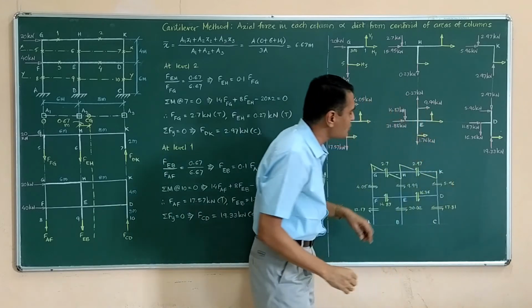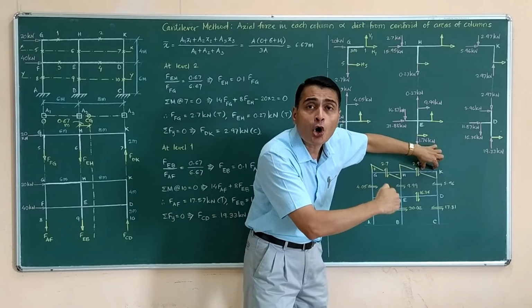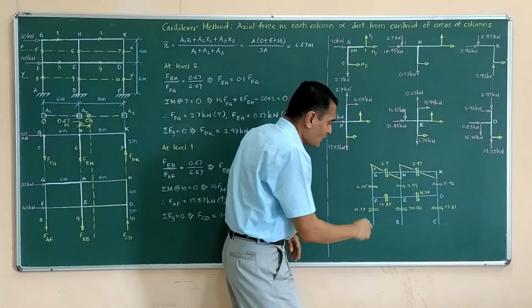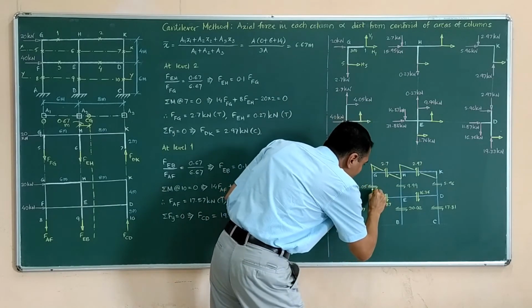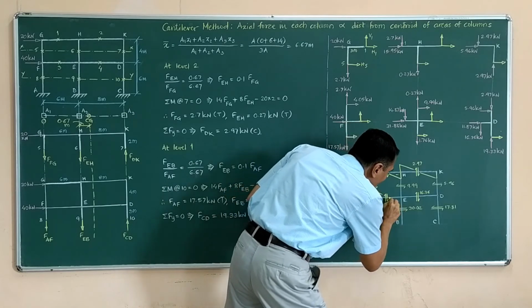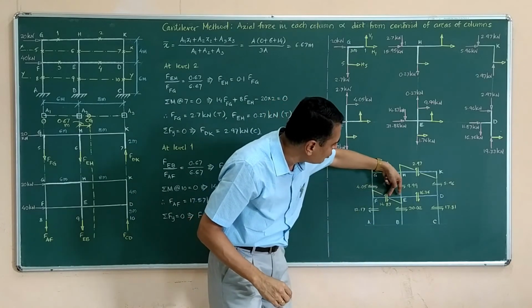Again this amount is going to be 2.97 multiplied by 4 but hogging. So simple. 14.87 into 3 sagging, linear, 0, linear, hogging, 14.87 into 3.